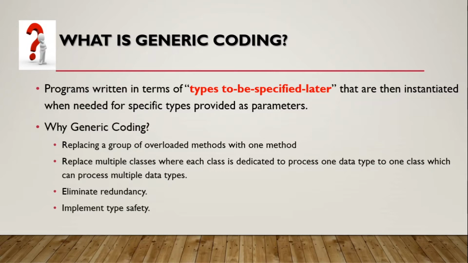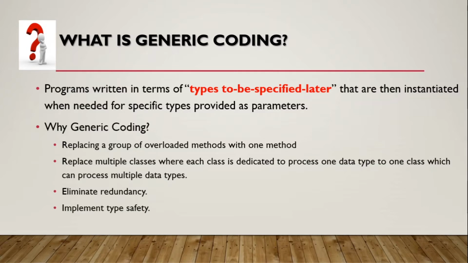Now, again, if you're going to write that down, you're going to notice that you write one method or one class, you copy it, you paste it, then you just replace the data types. That's again considered redundancy. It's just repeating the same thing, but just changing the data type. And this is where generic coding is going to be really helpful. So what do we do in generic coding?